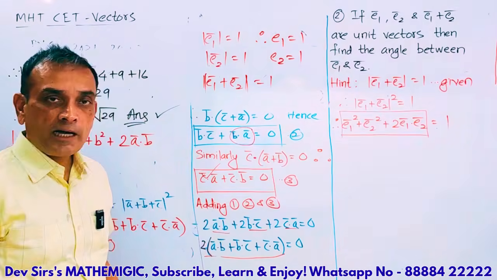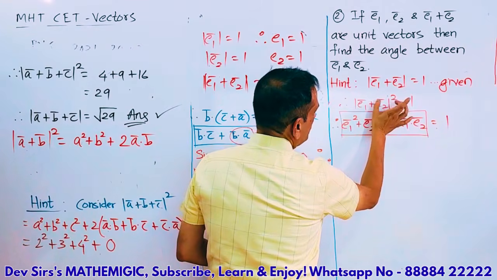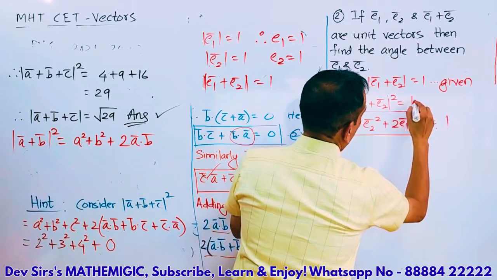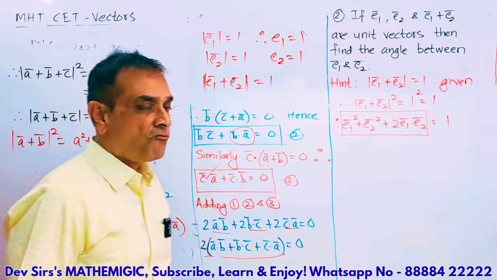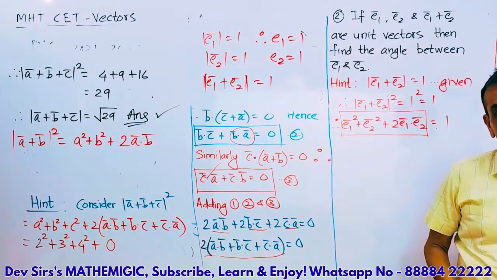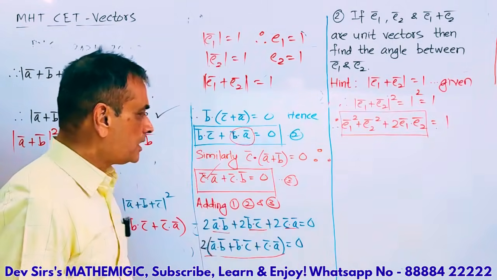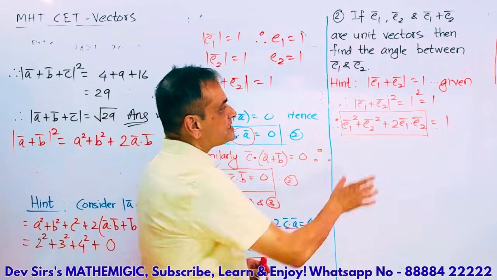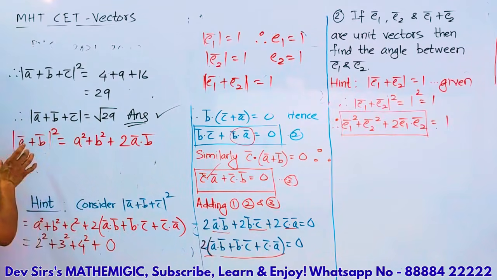Now I am squaring both sides. So magnitude of E1 plus E2 bracket squared is equal to 1 squared, that is 1. Why do you think I squared both sides? Think. As I told you, magnitude of E1 plus E2 is given, but we know the formula for magnitude of E1 plus E2 bracket squared, it is like (A plus B) bracket squared.